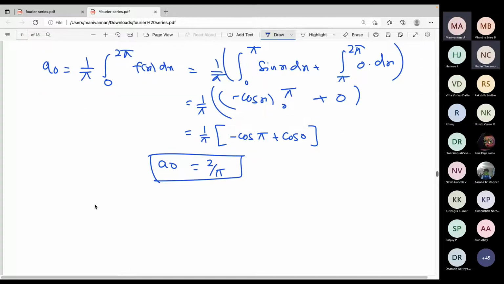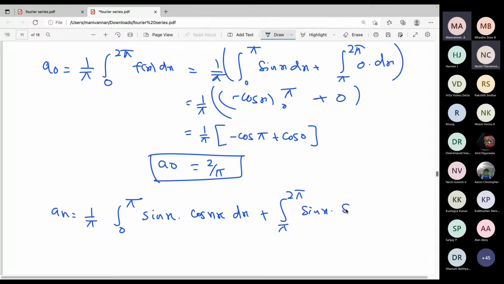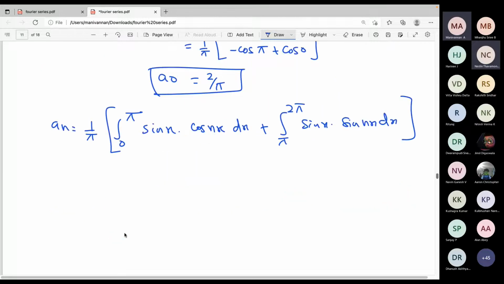Okay, then a n: 0 to pi, my function itself is sin x, and this is cos nx dx, plus pi to 2 pi, my function is defined as sin x, and this is sin nx dx. Okay, it is the case. Just integrate.